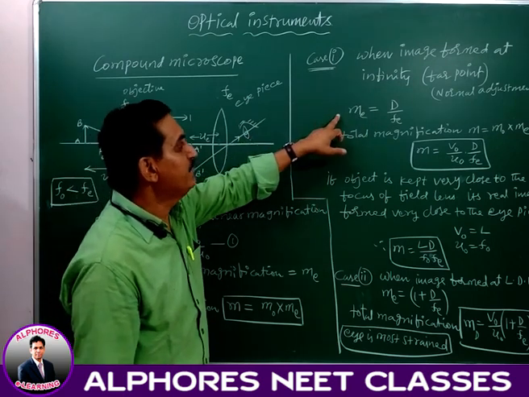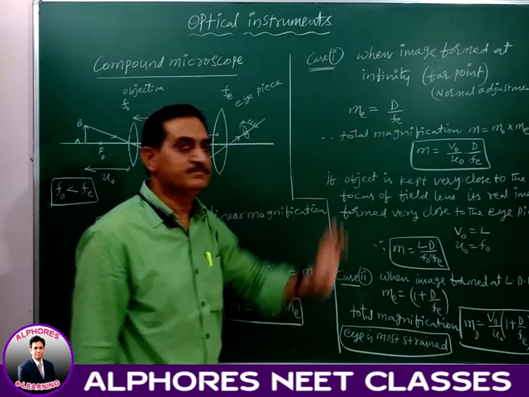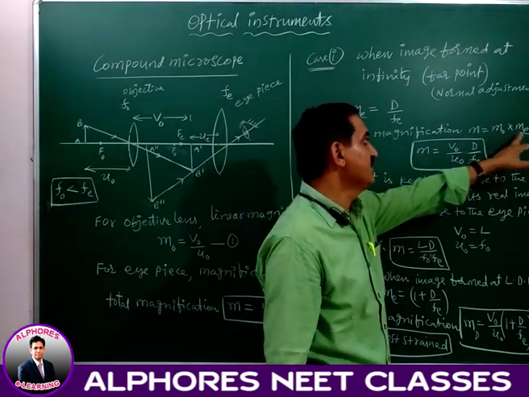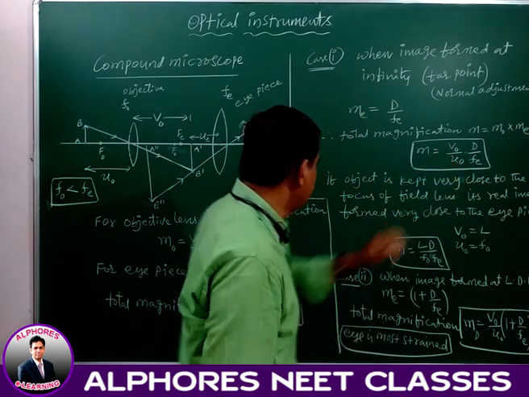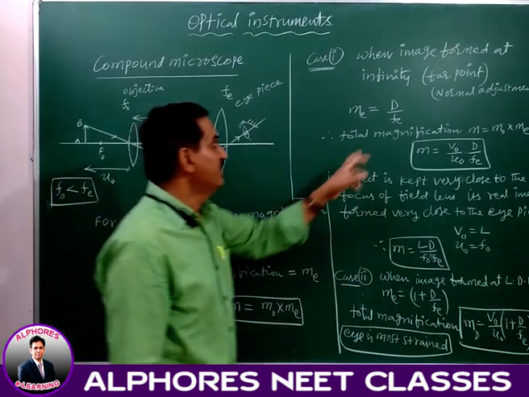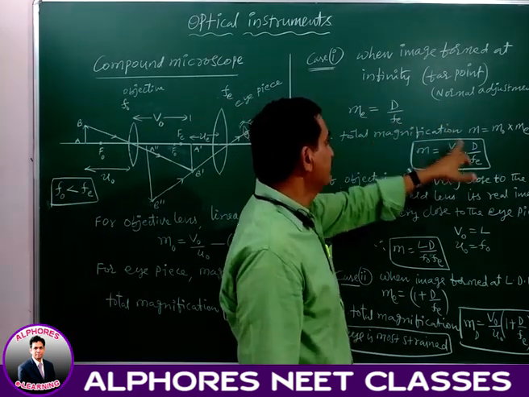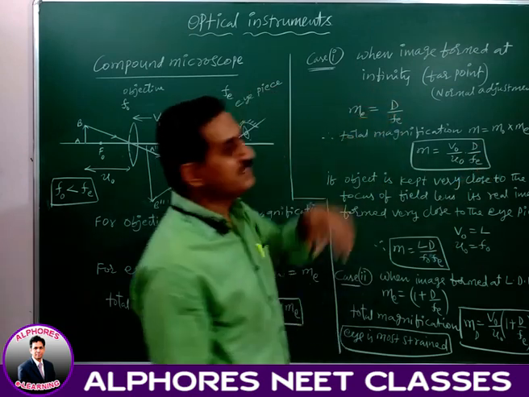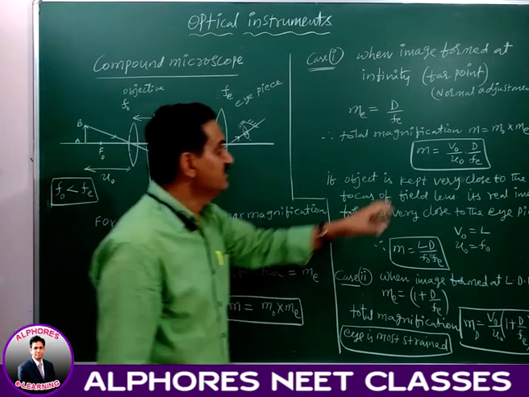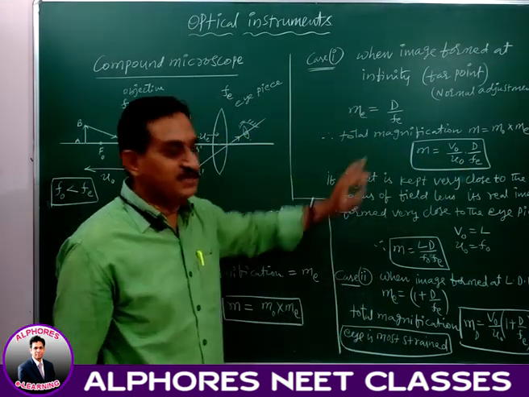So when the image is formed at infinity, the magnifying power is d by fe. Now the total magnification is m equal to m naught into me. V naught by u naught is the magnification of the objective lens, and when the image is formed at infinity, the magnification of the eyepiece is d by fe. The eyepiece acts as a simple microscope, keep that in your mind. Then this is the total magnification when the image is formed at infinity.